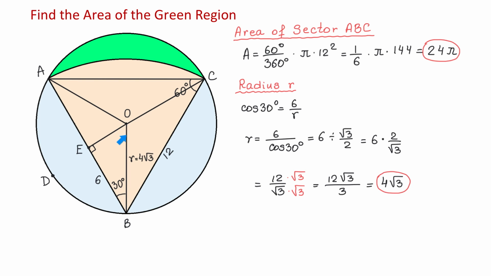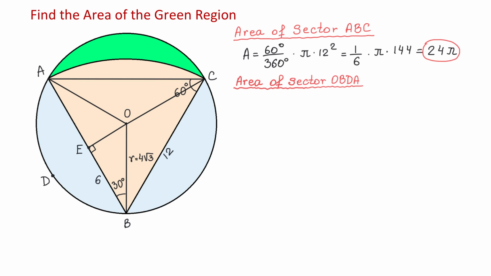Now, once we know the radius, we can find the area of the sector OBDA. The angle of this sector is 120 degrees because this is 1/3 of 360. Then area equals 120 degrees over 360 degrees multiplied by pi times radius squared, and the radius is 4 square root of 3.